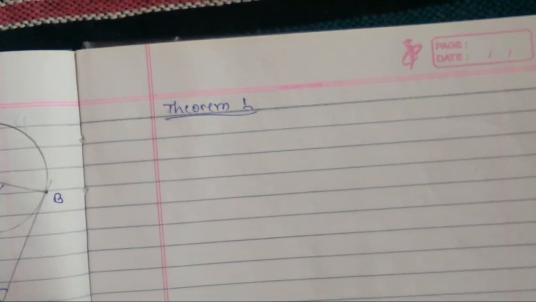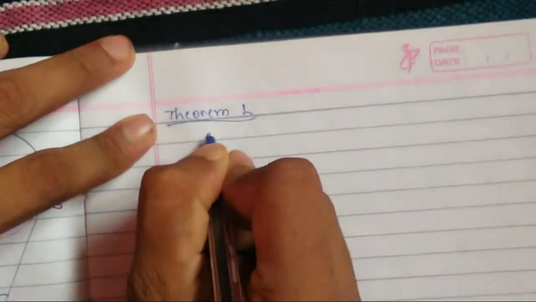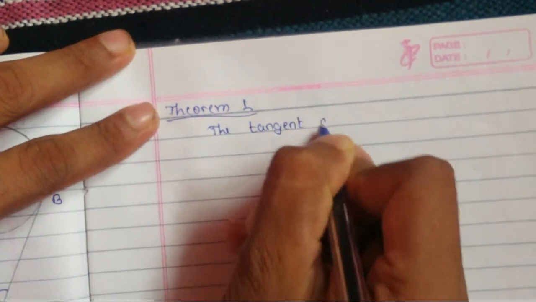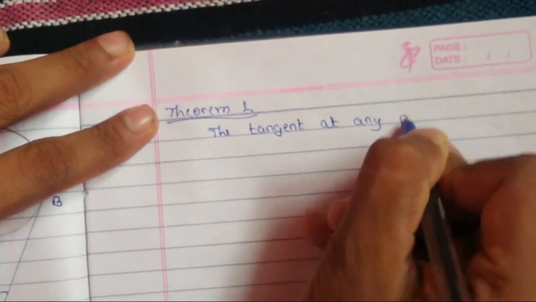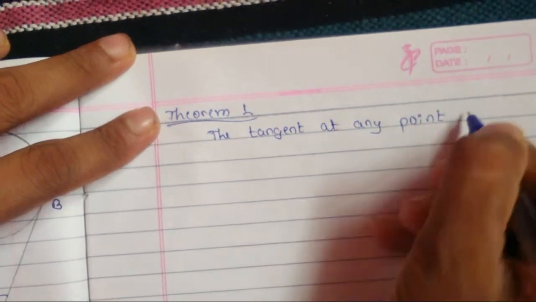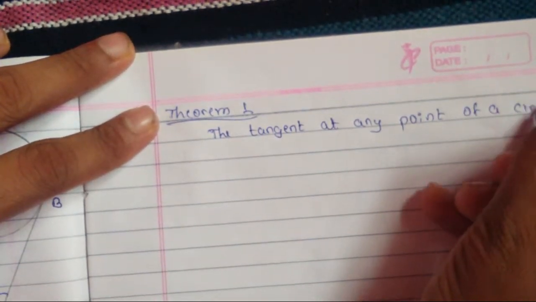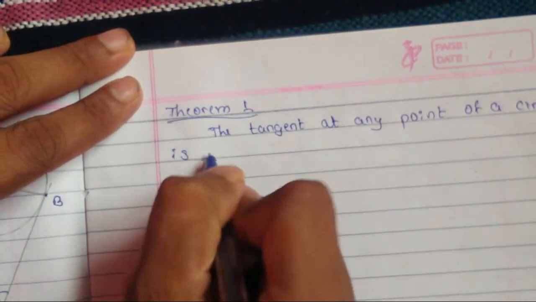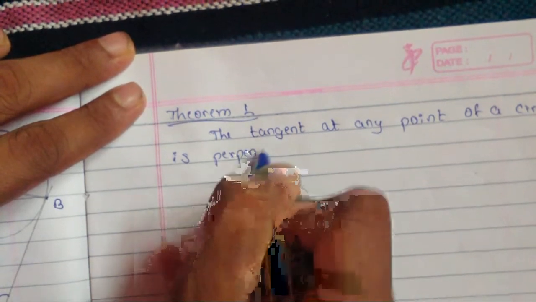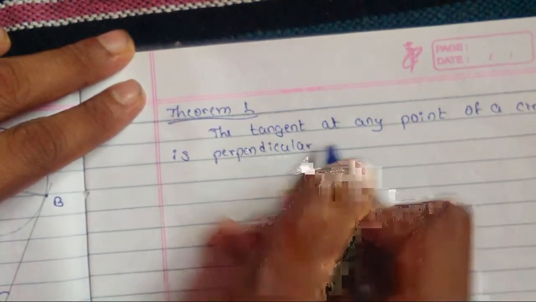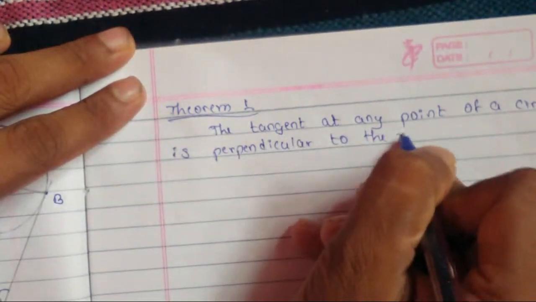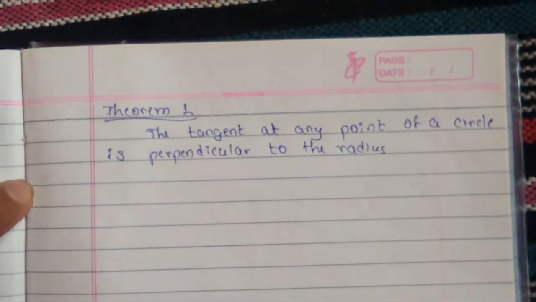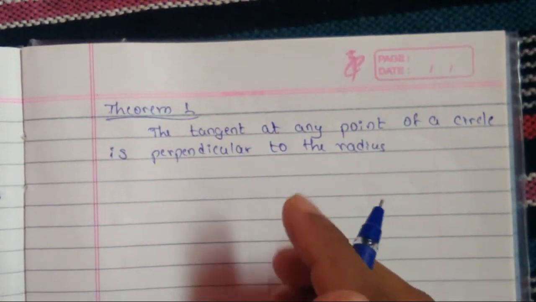The statement is the tangent at any point of a circle is perpendicular to the radius through the point of contact.